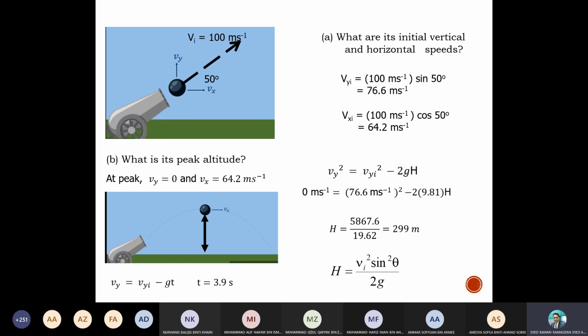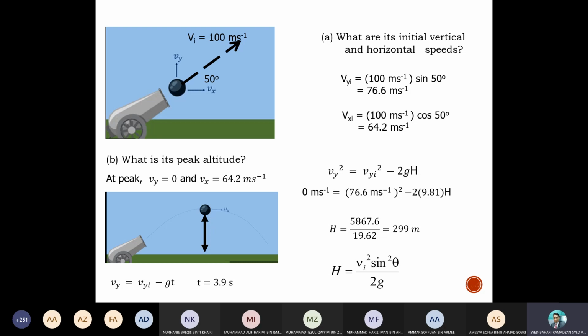For example, if the question also needs you to calculate the time before it reaches the maximum point, you can also use these equations. You can use v final equals v initial y minus gt, and you know that v final is 0. So you have 0 equals 76.6 minus 9.81 t, and you can calculate t. When I calculate, I got 3.9 seconds.